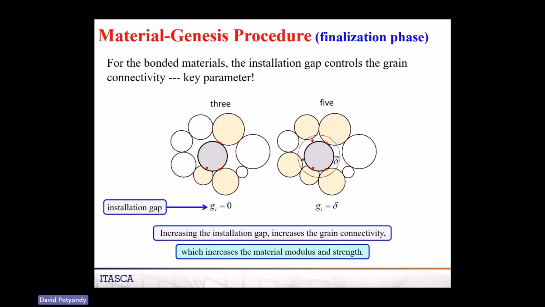This is a parameter that I'm providing in this system. Notice the parallel bond itself doesn't care. It just has parallel bond parameters, but this is a meta level parameter that is incredibly important and has huge implications for the strength.